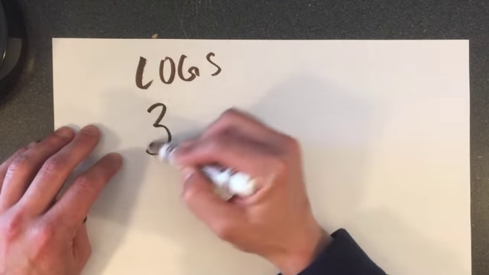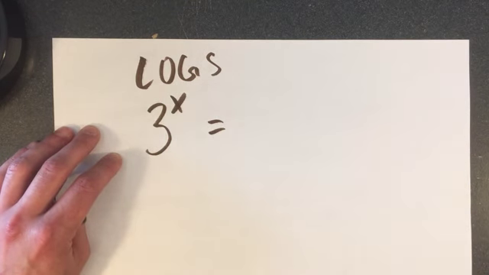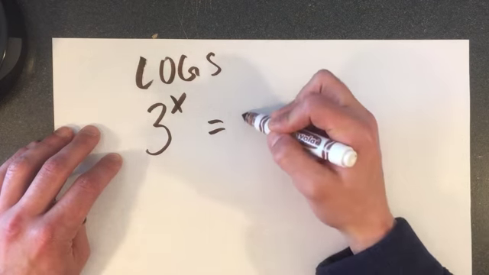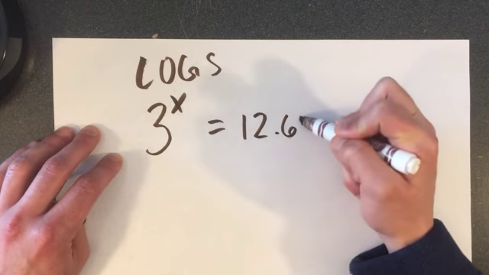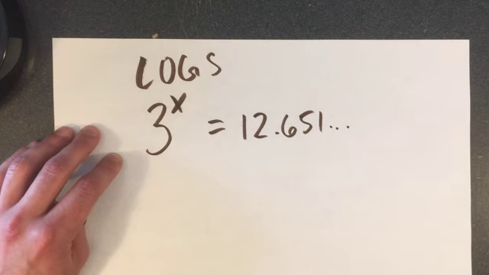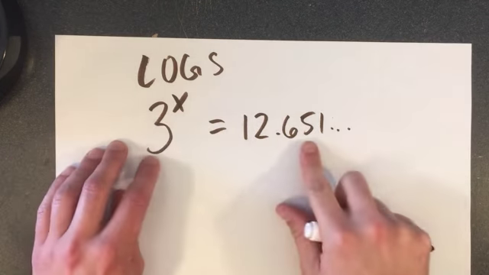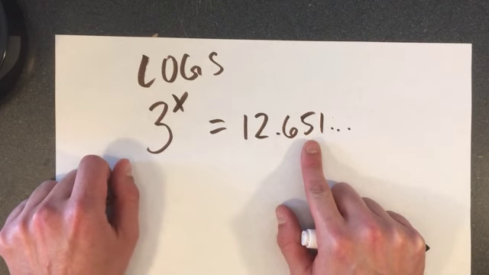So say I had 3 to the x power, and I have some number. Let me put that in my calculator here. And this equals 12.651... So the question was, if you had this problem, how could you ever find x?